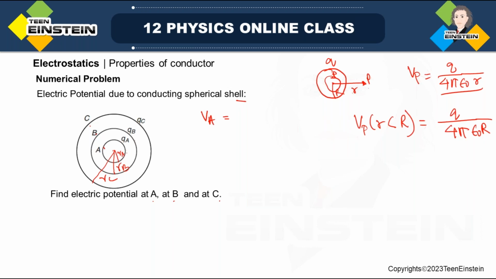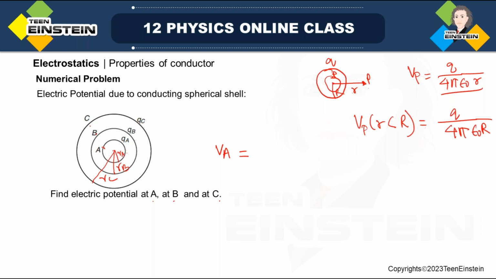Now look, if I have to write electric potential at A, electric potential at A will not be just due to this QA charge. It will be due to the QB charge, or a cell with QB charge, cell with QC charge also.